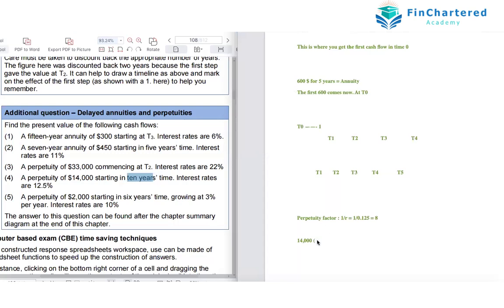Normally, if there's a perpetuity factor, you'll simply multiply the cash flow with the perpetuity factor. So you've normally calculated the present value of this cash flow. In a usual way, you have calculated the present value of this cash flow.